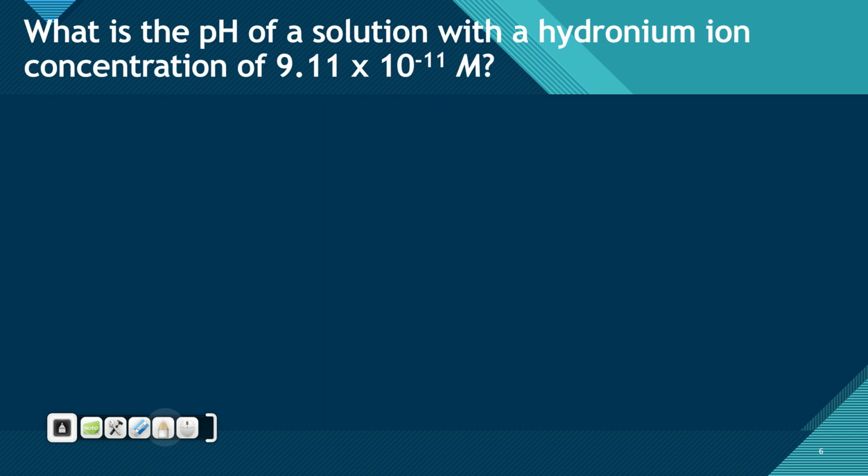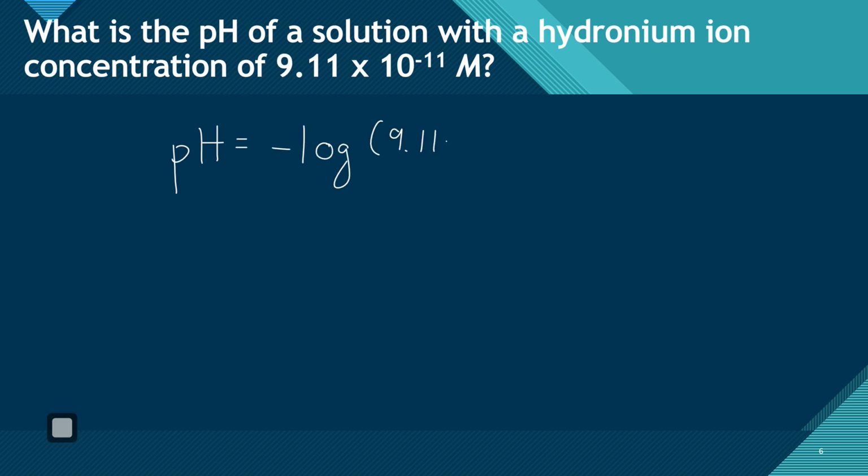All right. I'll do one more. We'll try to do 3 examples in each one. What is the pH of this one? You're getting the idea. Negative log of 9.11 times 10 to the negative 11th. This one would have had 3 sig figs. Oh, I screwed something up there.